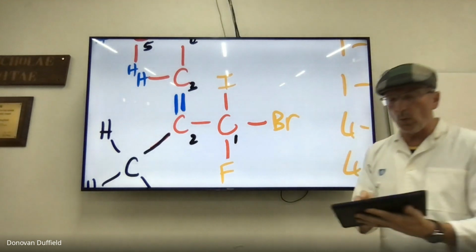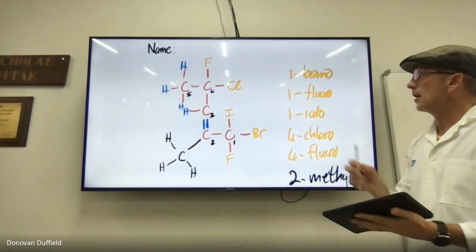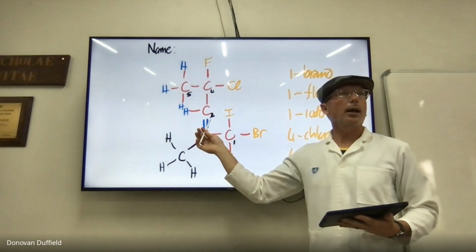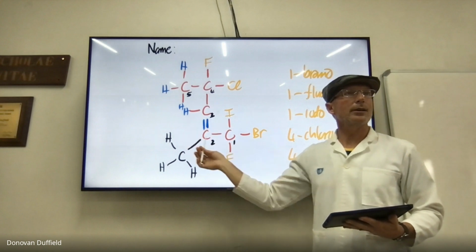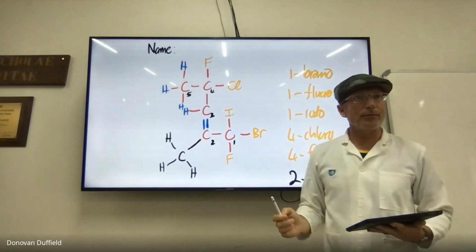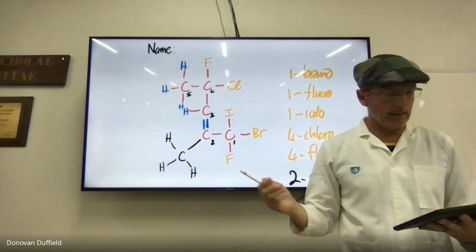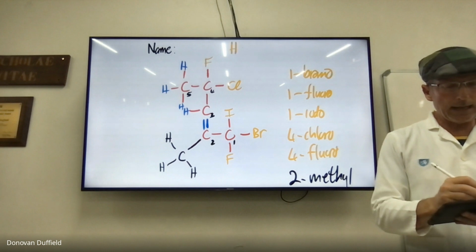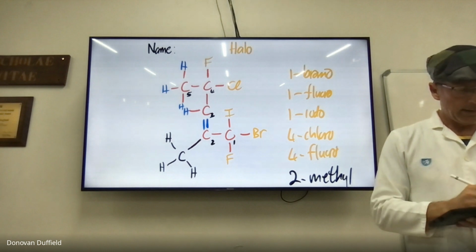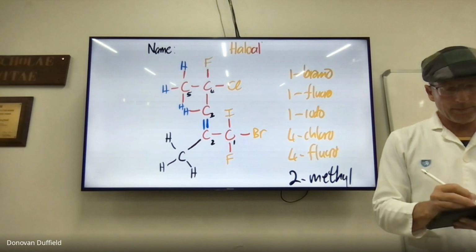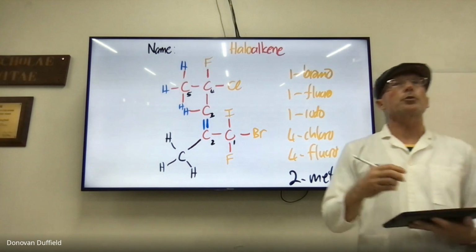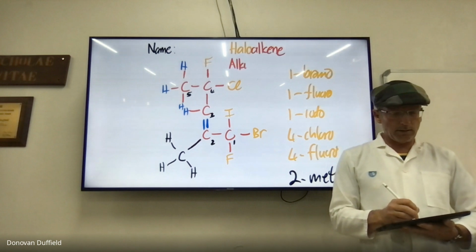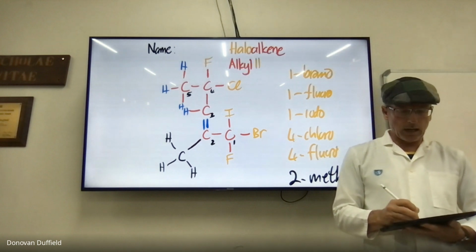So when we work with a substance like this, this would be a haloalkene, because it's got a double bond. But there's another name for it, which they also use in the syllabus, and they call them alkyl halides.